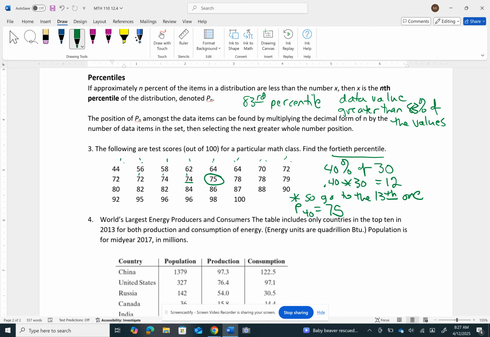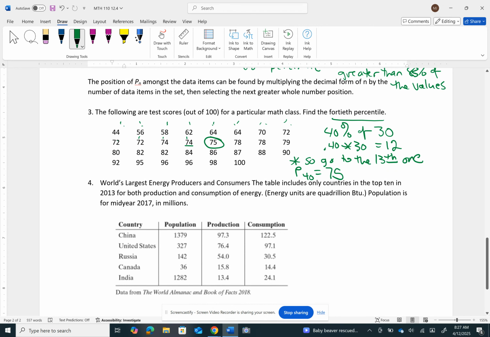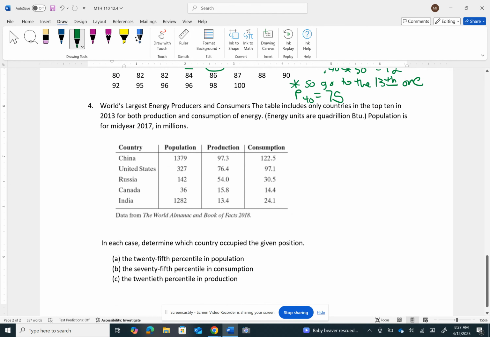Okay. All right, now there's a problem like this in the text, and I just wanted to go through this. Percentiles with such small numbers of data values are a little strange, but we're going to do it anyway. For this, you need to be careful when you do your reading.